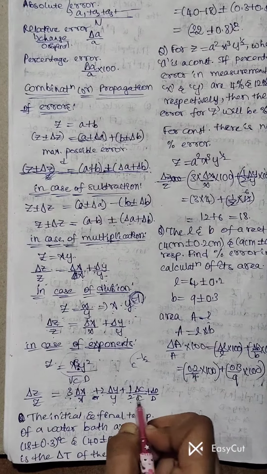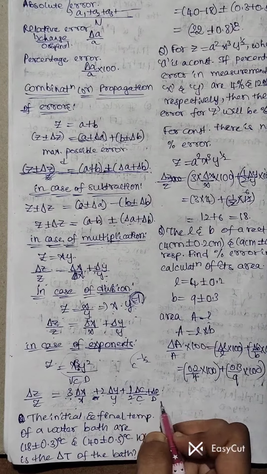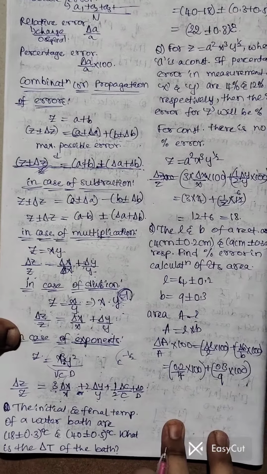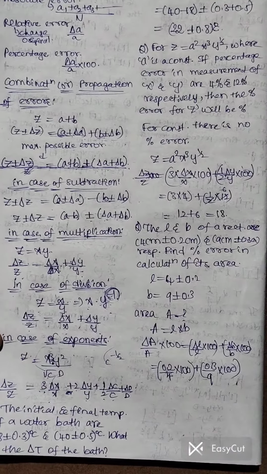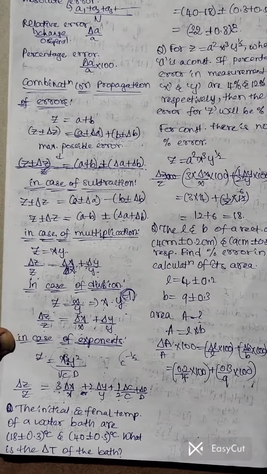So plus 1 by 2 into delta C by C plus delta D by D. Hope you are clear. Now, let us go through a question for more clarity.